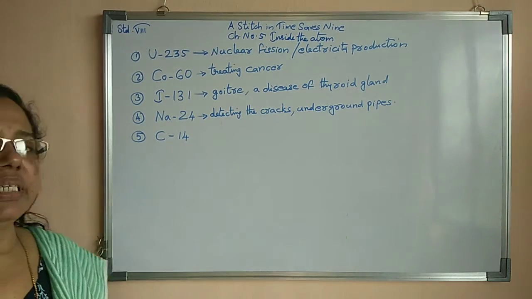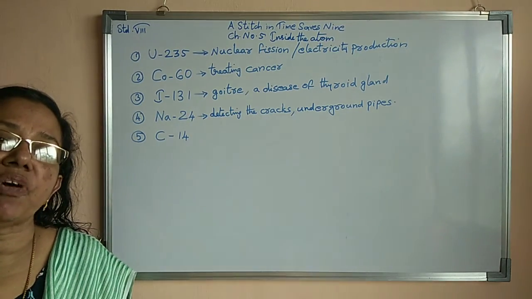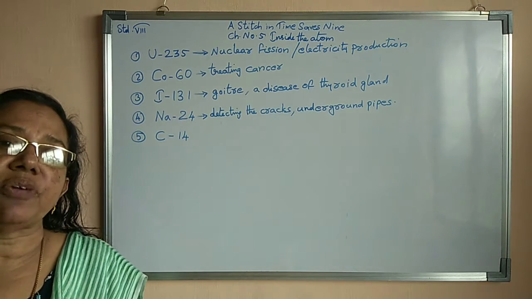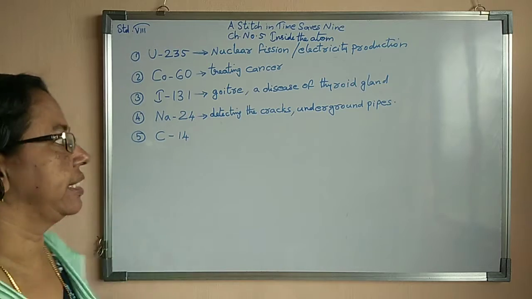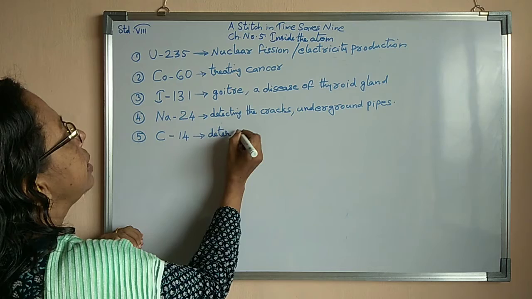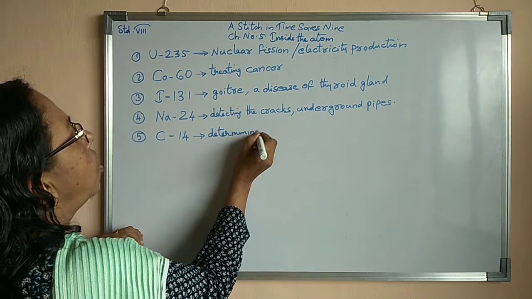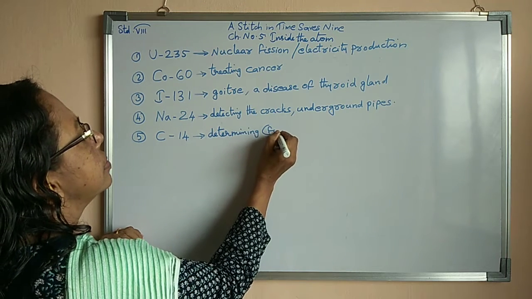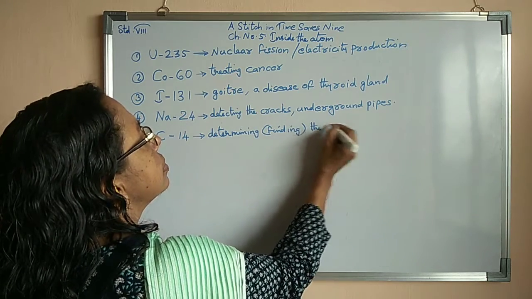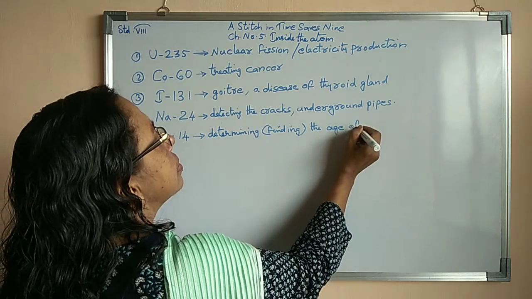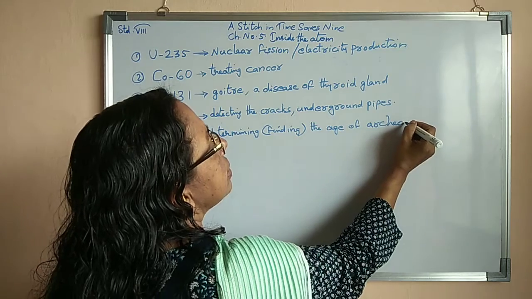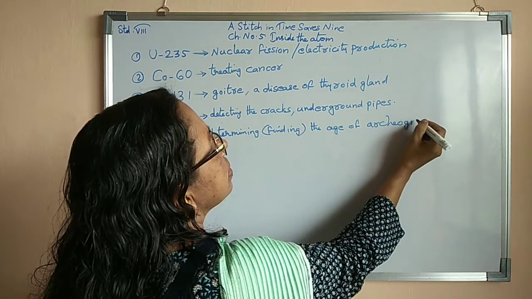Now this is carbon 14. Carbon 14 we are using for finding the age of archaeological objects. We can say that for determining or finding the age of archaeological things or objects.